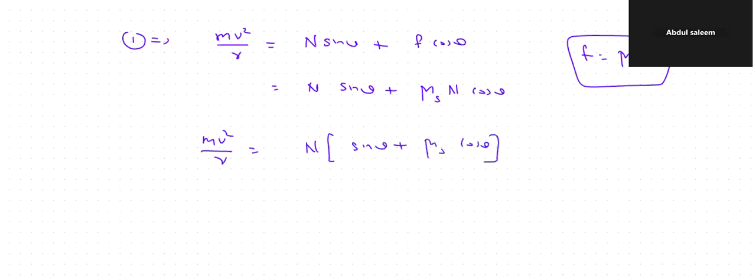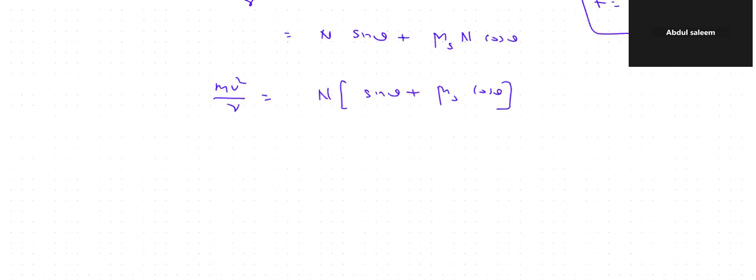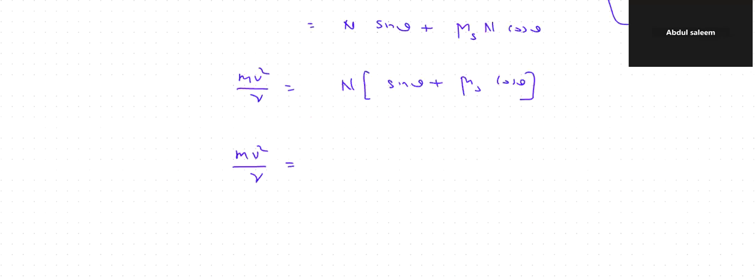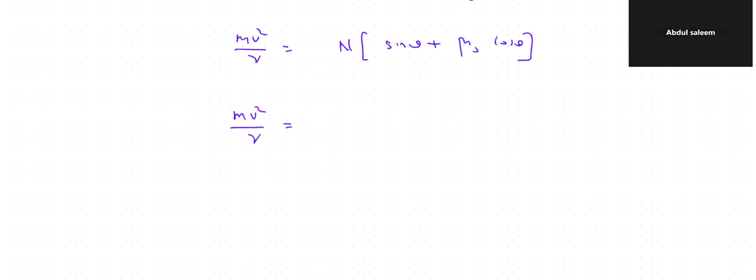Now we can substitute the value of N, the normal reaction force we obtained. What is the value of N? N is mg divided by cos theta minus mu s sin theta. So instead of N, we write mg divided by cos theta minus mu s sin theta, into sin theta plus mu s cos theta.